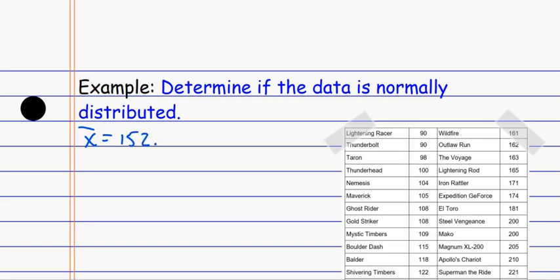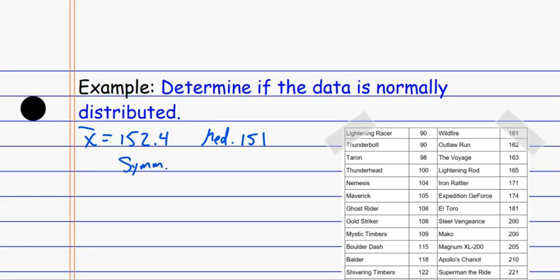So if I calculate the mean here, I get a 152.4. The median, I get a 151. And so those are pretty close. When I'm looking at this thing, I'd say, yeah, maybe it's fairly symmetrical.